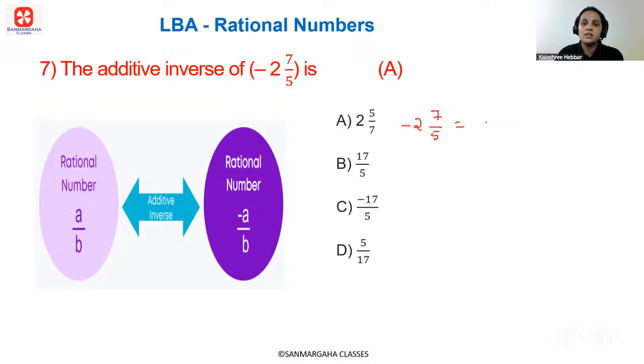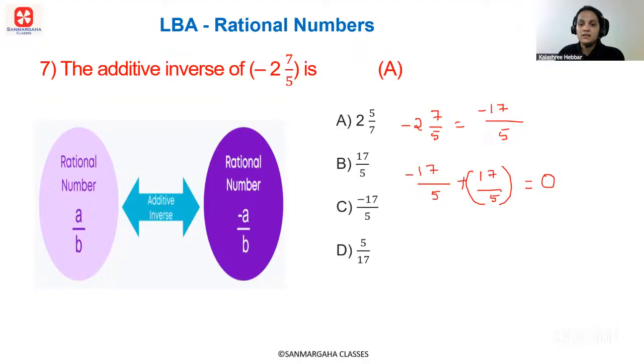Right. So now we have -2 7 by 5 here. That is nothing but minus 17 by 5. So to minus 17 by 5, by adding some number, we get 0 as the answer. It should be plus 17 by 5. Correct?